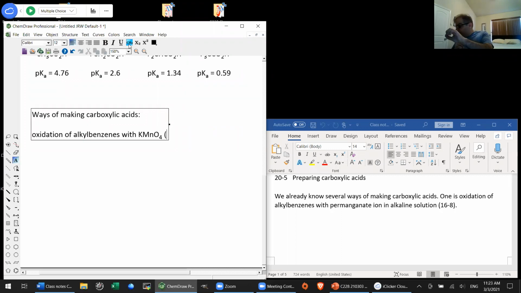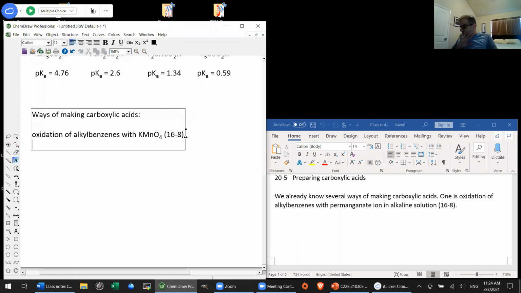And if you want to review that, you can find that in 16.8, not 16 to the power minus 8. The fact that they used a dash here instead of a period causes endless problems. What a dopey decision. Anyway, that's one. We discussed that you can make benzoic acid derivatives that way.